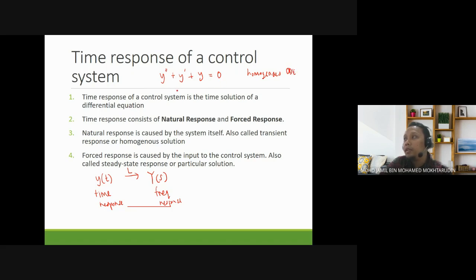But let's say we have the same equation, but not equal to 0, maybe equal to a function. Then we call this inhomogeneous. I'm not sure yet, I forgot the real term. So basically it's the same thing explained here, but the explanation is in terms of control system. The natural response is the value of y when the ODE equals 0, and the forced response is when you have the f(t) here.